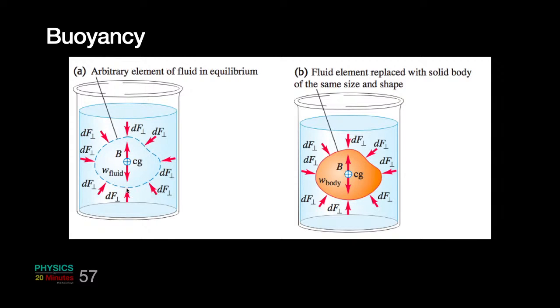If you are here, there is a force which is going to work in the upward direction, normal to the surface. If you are here, normal to the surface, a force will work in this direction, and so on and so forth. If you are here, normal to the surface, a force will work in the downward direction. So on the entire surface from outside, a force is going to work in a direction which is perpendicular to the surface of this chosen element.